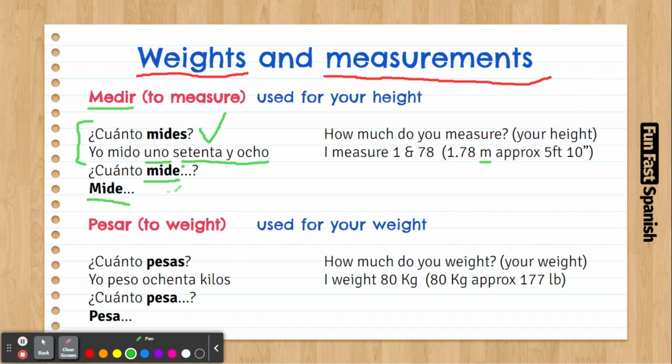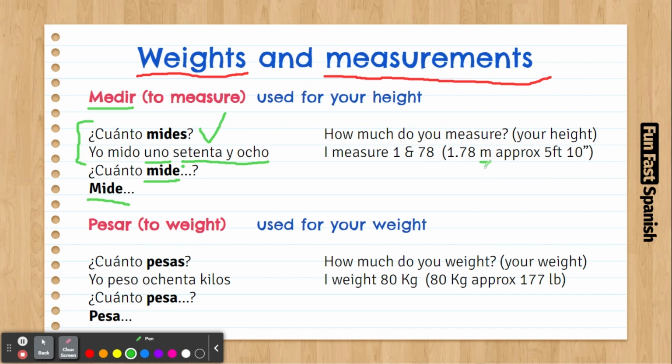La ventana mide 2 metros, la puerta mide 1 metro, la habitación mide 4 por 6. It's like the room measures 4 times 6, 4 metros por 6 metros, 4 meters times 6 meters. So just try to get used to meters.